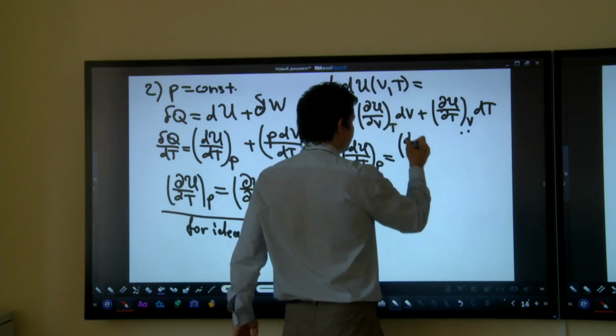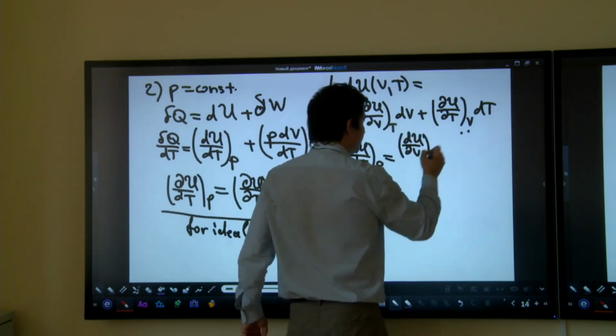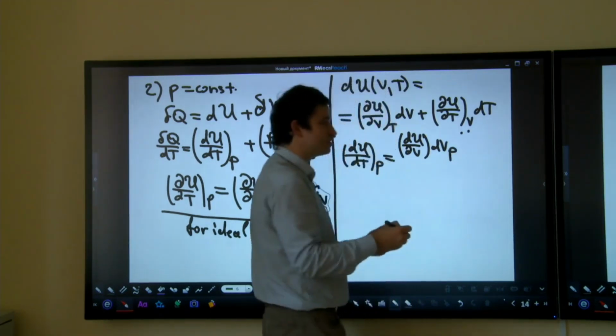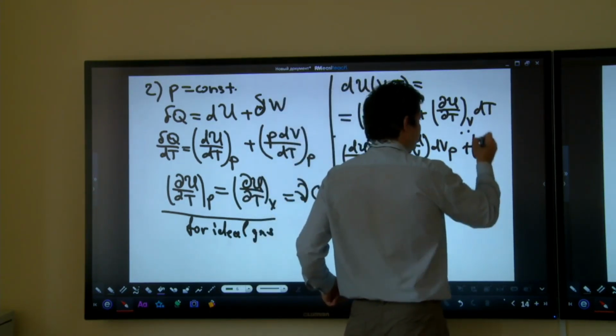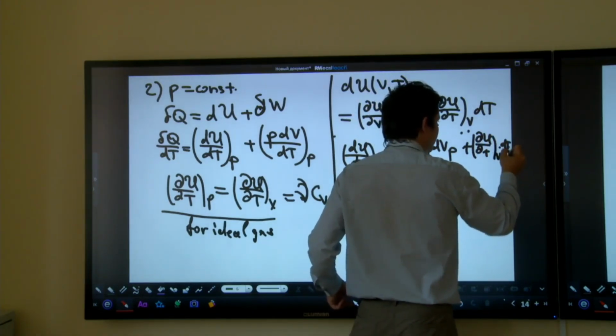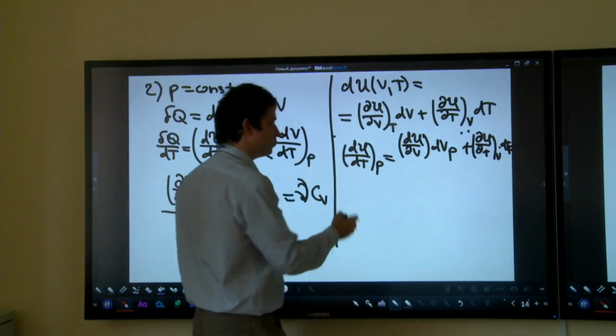I need to add here du over dV multiplied by increment of dV at the constant pressure, plus du over dt at constant volume times increment of temperature at constant pressure.